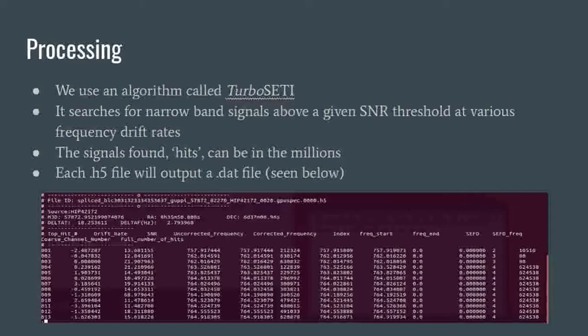The frequency drift rate is caused by a relative acceleration between the transmitter and the telescope. People commonly know about Doppler frequency shifts, which is caused by a relative velocity, but if the transmitter has a relative acceleration, this Doppler shift will also change over time, and that manifests itself as a frequency drift rate.